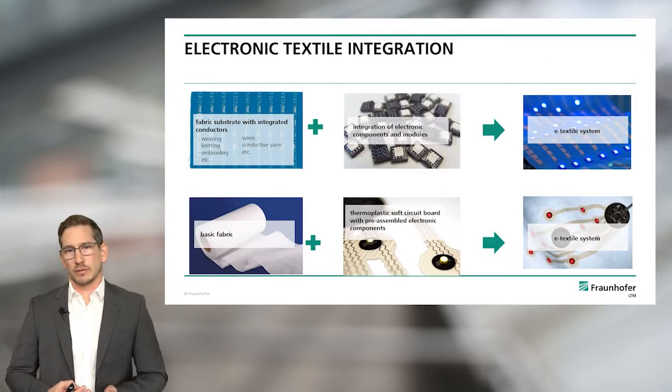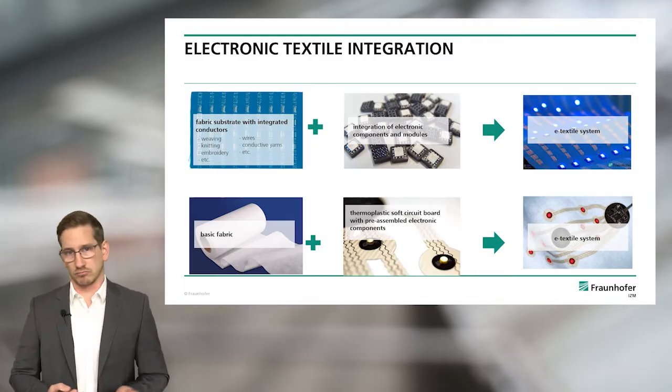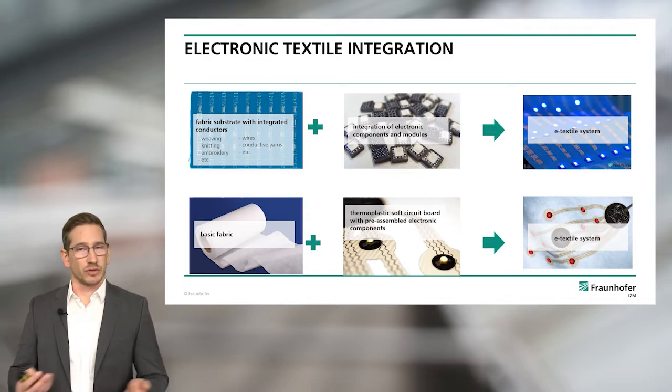to generate electronic textiles. The first way is where you basically have a textile with already integrated conductors during textile manufacturing, and then you can add components to that, and then you end up with an E-textile. The other way, which is also very common, is that you have any kind of base textile and you basically laminate a fully working electronic system onto that.